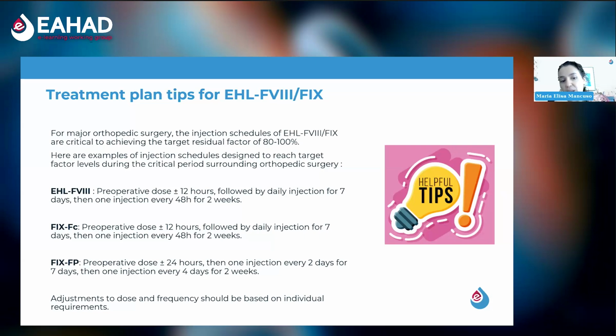For factor IX it is much easier because of the very long half-life of such products. We may have a preoperative dose and then, according to the product, add something after 12 or 24 hours, but then we can go for one injection every 24 or 48 hours from the beginning, and then maybe even longer intervals between injections, based upon the response, the clinical situation, and the levels we get in the lab.